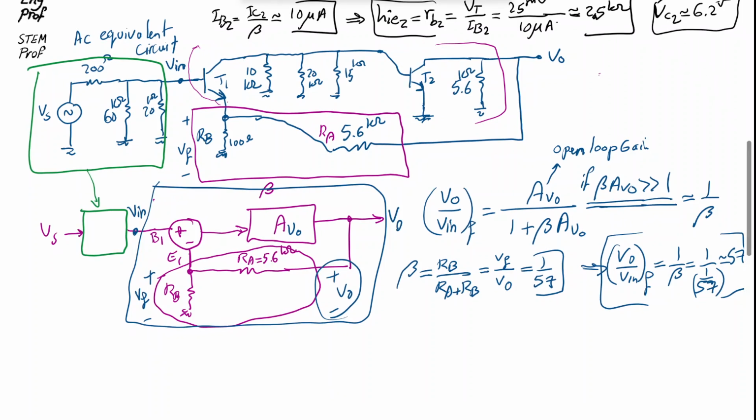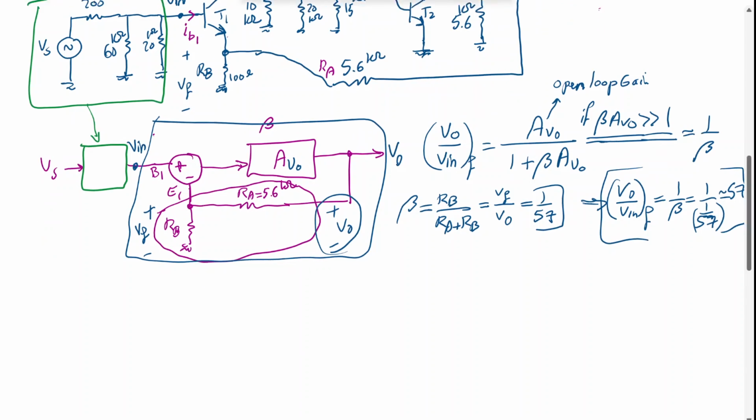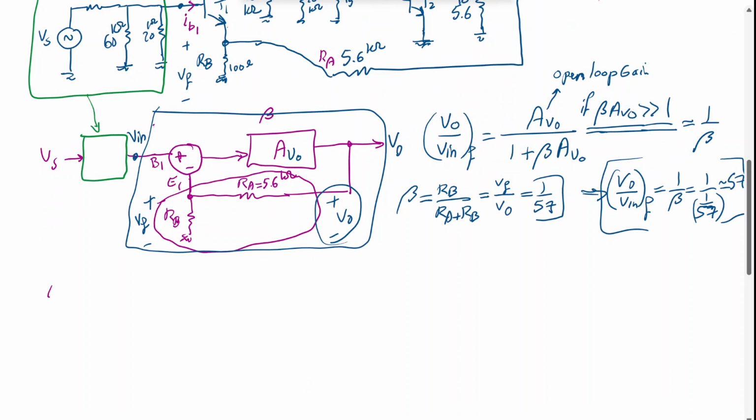When we apply Vin, I'm going to remove these. In the AC model that we just investigated, when we apply Vin here, it will generate some input current I1, the base current of transistor 1. I can compute it easily like this. This is AC steady state analysis.